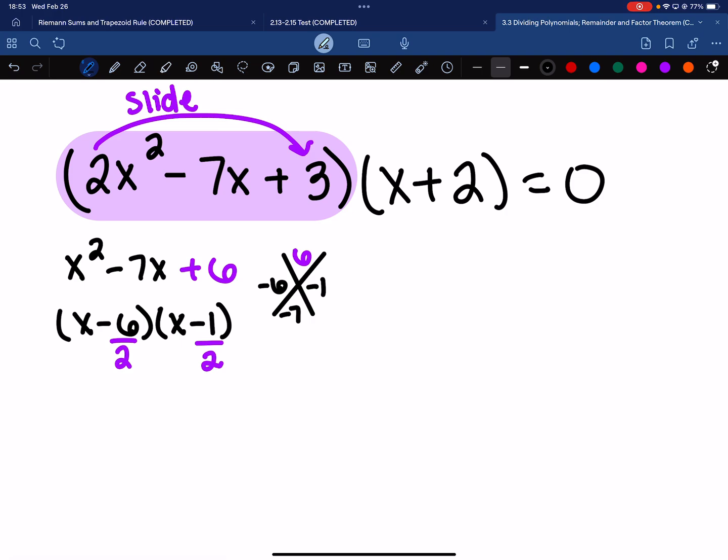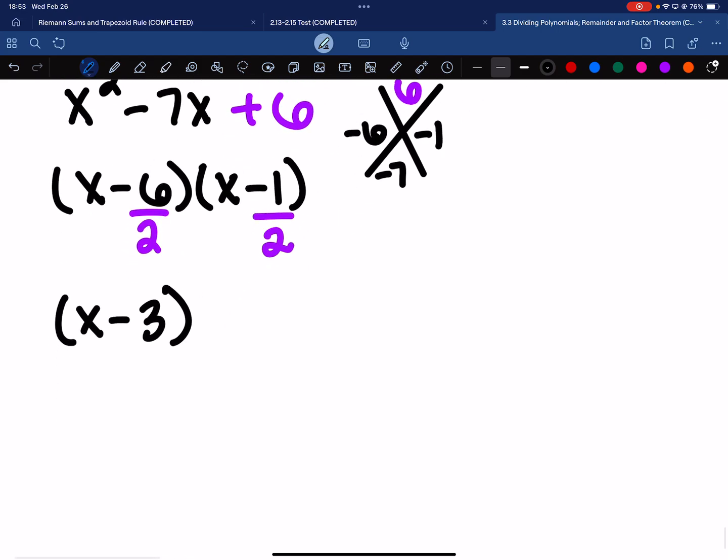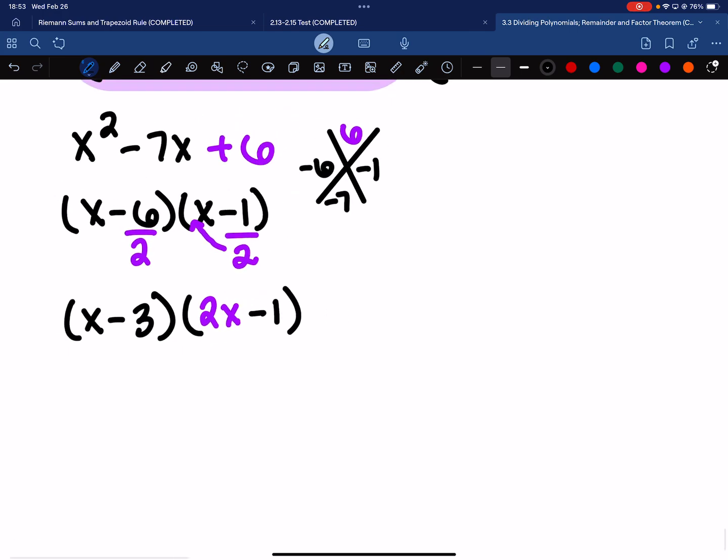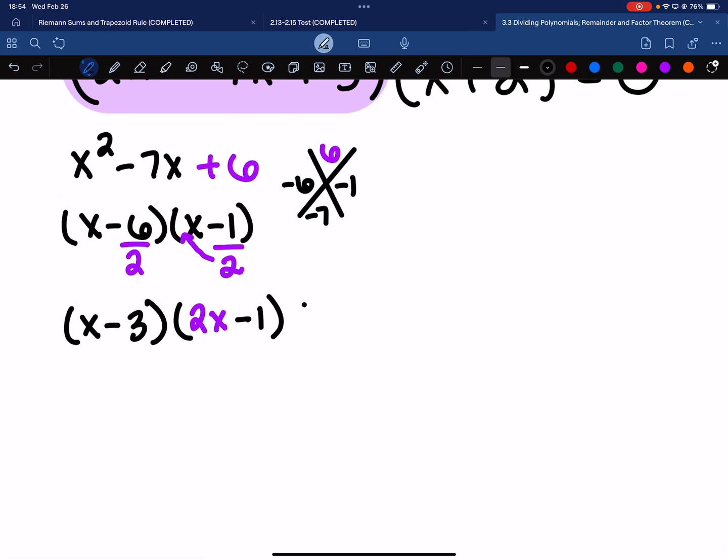If it simplifies, simplify it. 6 divided by 2 is 3. If it doesn't simplify, that goes directly in front of the x that it's with. And so that is 2x minus 1. And then I'm going to drop down that x plus 2.